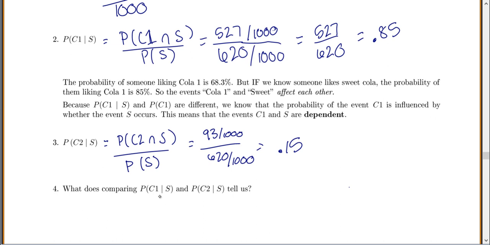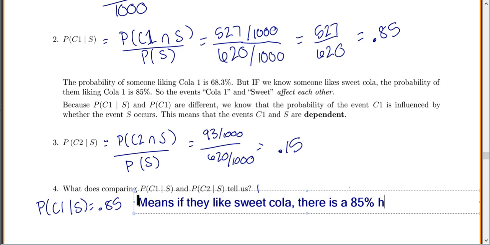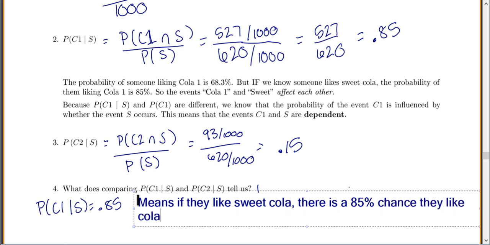So what does comparing now the probability of cola 1 given S and the probability of cola 2 given S tell us? Okay, so let's see. Probability of cola 1 given S, which is 0.85, means if they like sweet cola, there is an 85% chance they like cola 1.